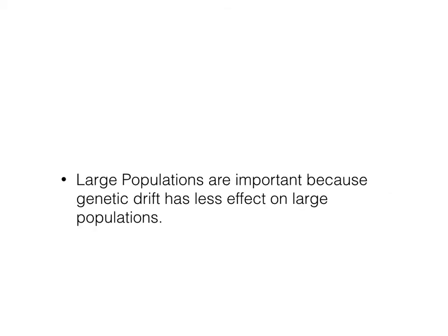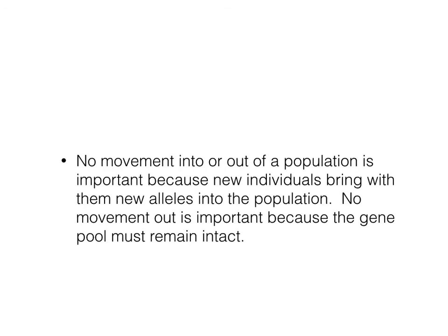Large populations: this can be achieved, as there can be very large populations of animals or plants. No movement into and out of a population, so there can be no immigration or emigration, because if you're going to have the allele frequencies remain the same, you can't have individuals leave and take certain alleles with them, or come in and bring new alleles with them.